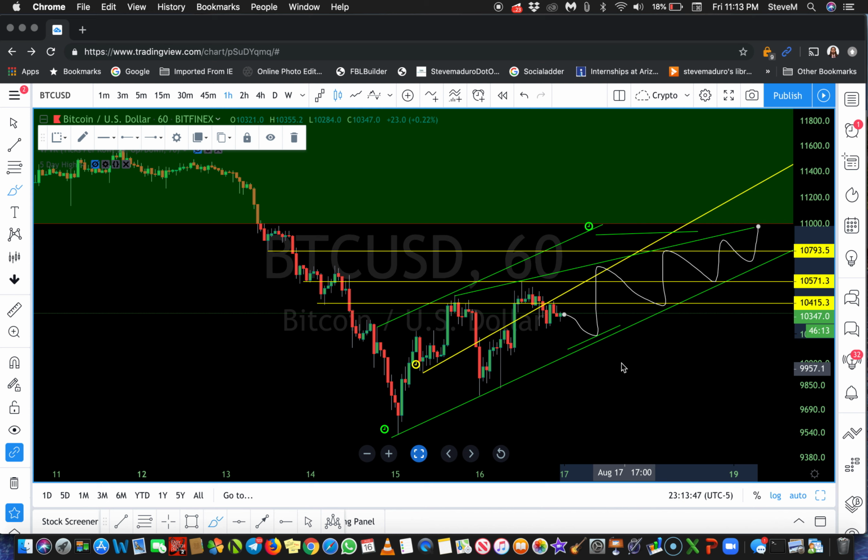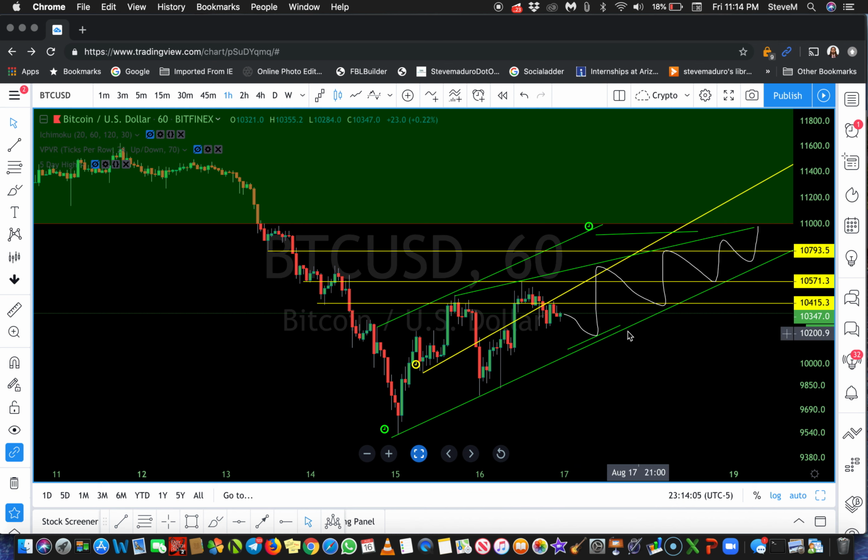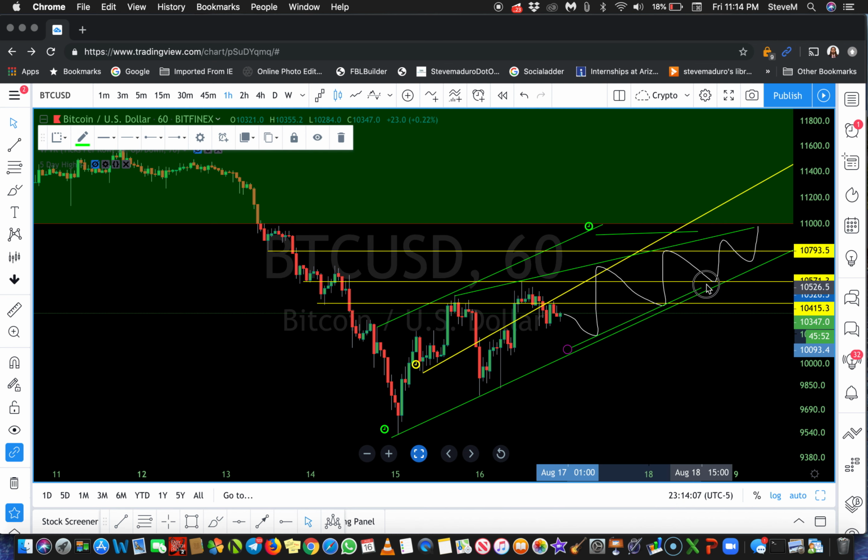So for me, I'm interested in looking at this. This is not a sell zone. So I really don't care about that. What I care about is this. So I'm looking at this trend line, and I'm going to take this trend line, right? I'm going to take this trend line, and because I know that, I'm going to make it longer.